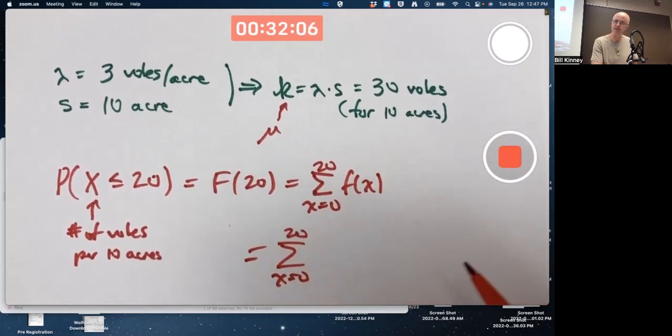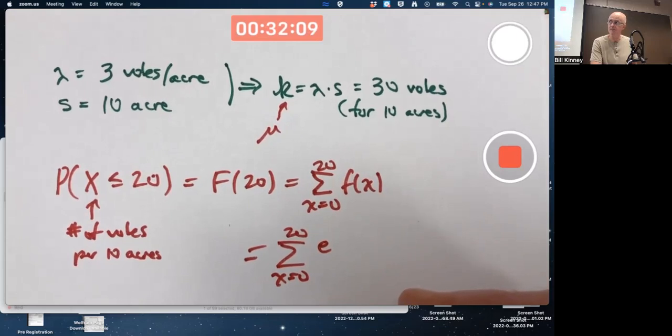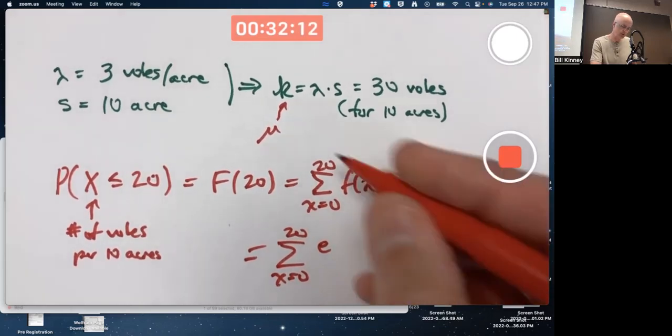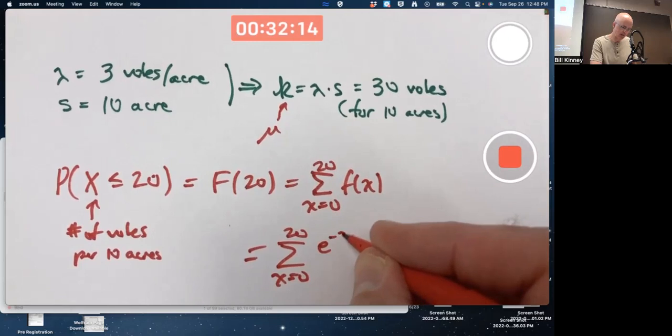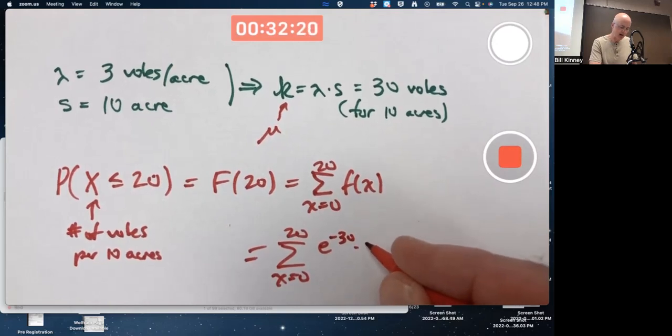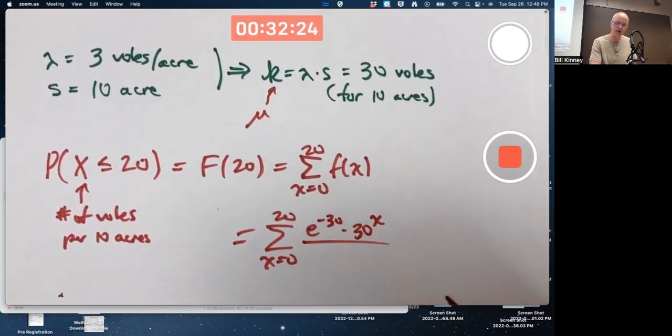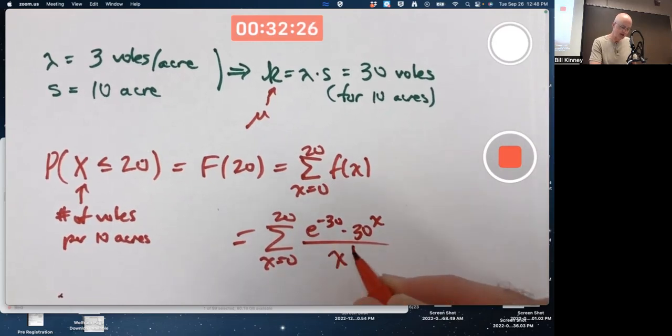What's the PMF? It's e to the negative K, or e to the negative mu if you prefer. In this case, e to the negative 30 power. Whoa, that's a really tiny number. Times K to the X power, 30 to the X power, which could be a really large number once X gets fairly large, divided by X factorial.